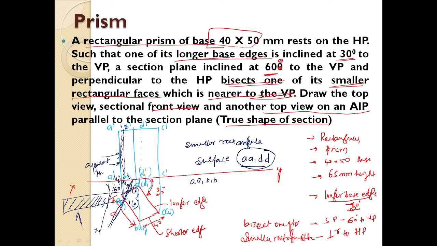Point 3 itself is on the X1 Y1 line. Point 4 itself is on the X1 Y1 line. Then you measure the distance of point 1 above the XY line, and point 2. So you will get the true shape of the section here. Okay, you will get the true shape of the section.